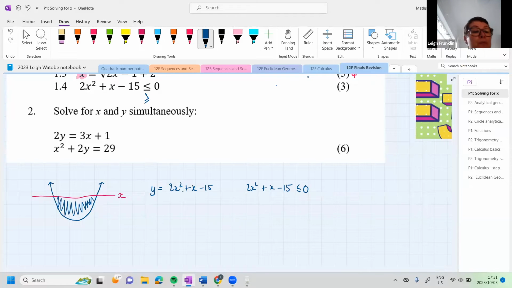Okay, so our first step in a question like this is if it's not in standard form, get it into standard form. So that means all the terms are on the left-hand side and you've got your inequality sign there. Your next step is to factorize. What is the purpose of factorizing? What does the factorizing do in this particular case?